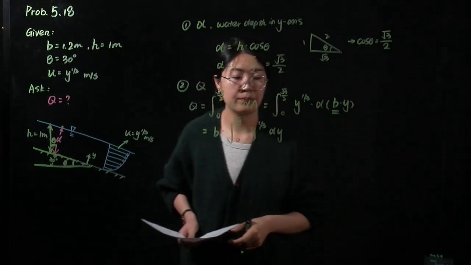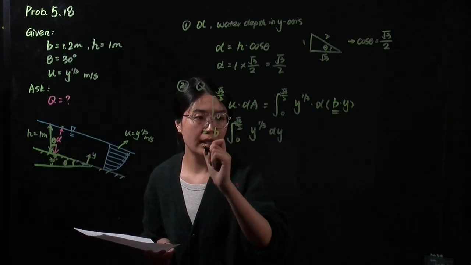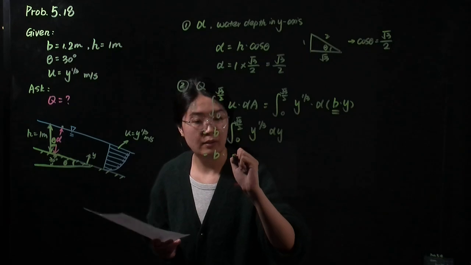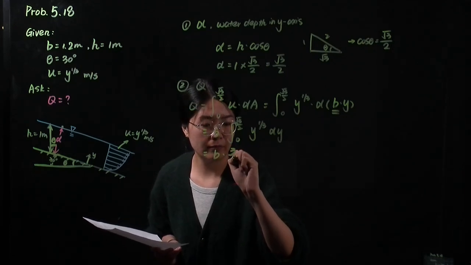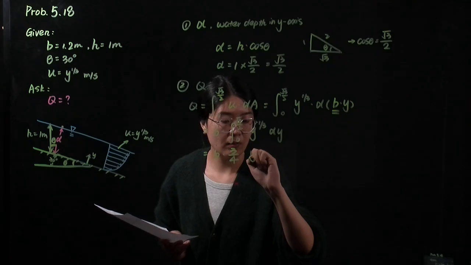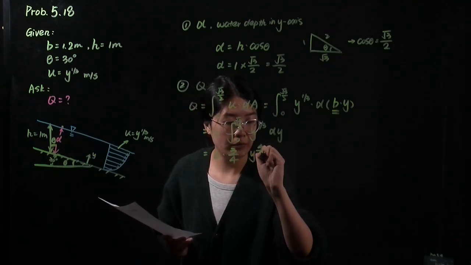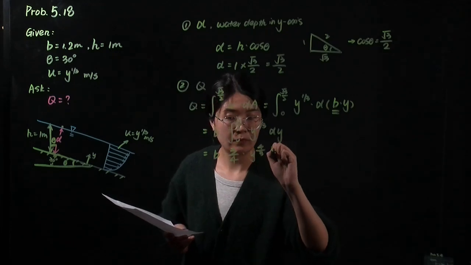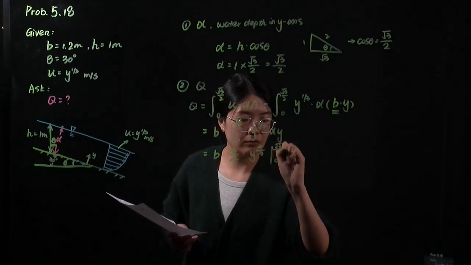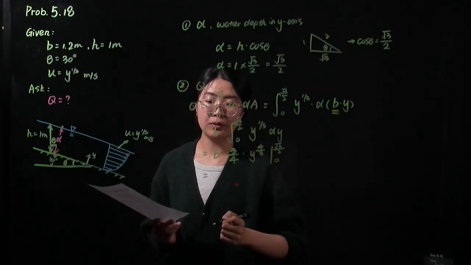dy, right? Based on the integration rule, it equals B times 3/4 times y to the power of 4/3, from 0 to square root of 3 over 2. Then we can bring the values into this equation.